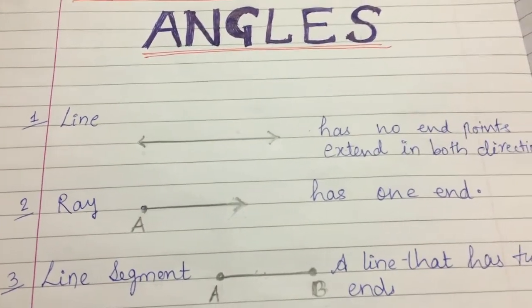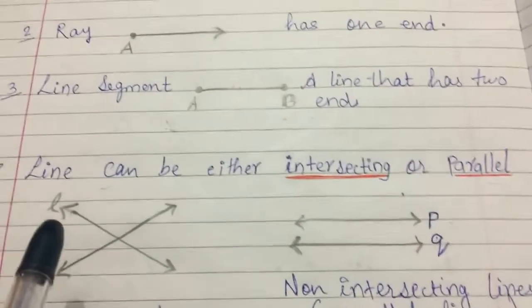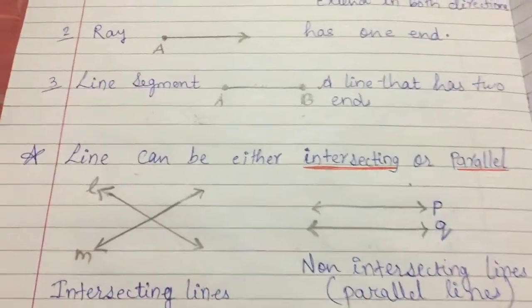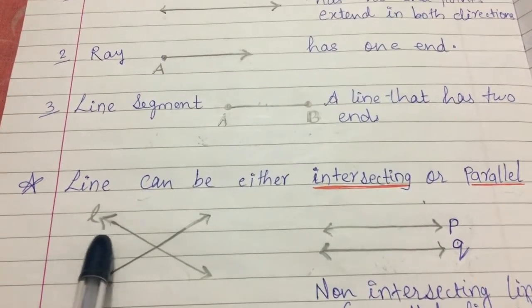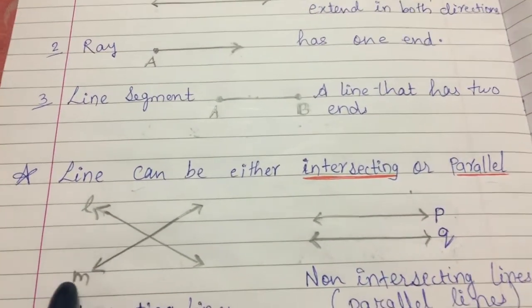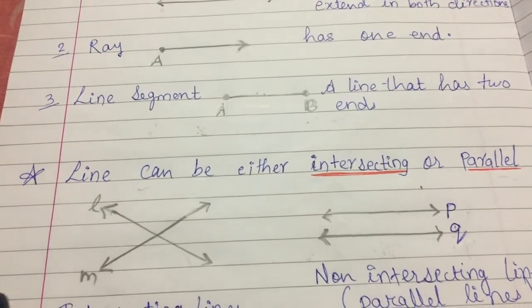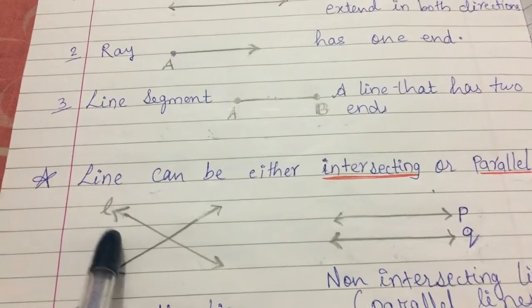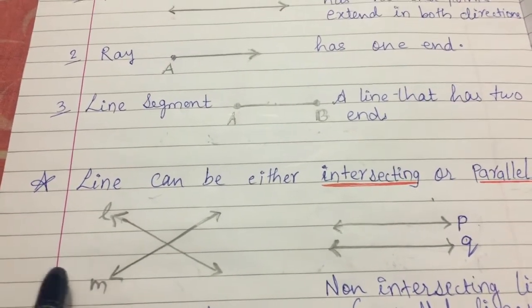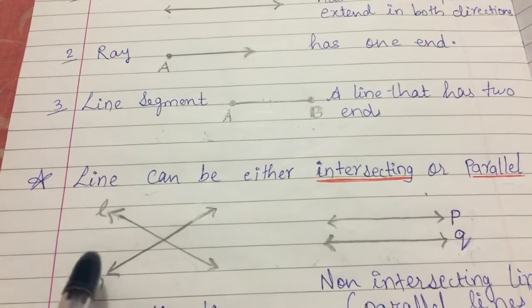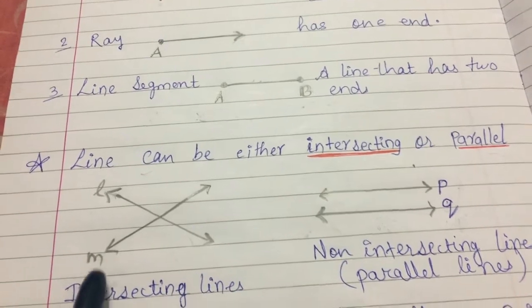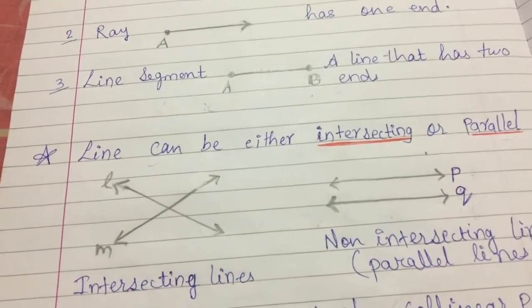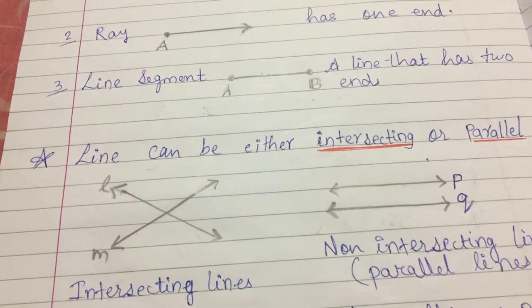Now let us see that lines can be either intersecting or non-intersecting. Intersecting means what? When two lines, here line L and line M, cross each other, these are intersecting lines. Always remember that lines are named with lowercase letters only.